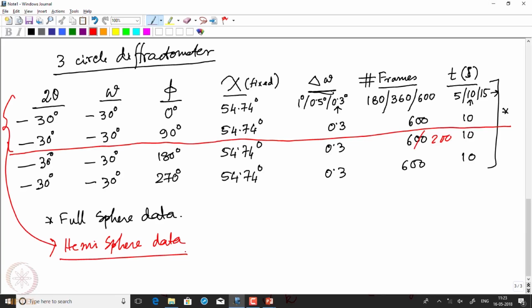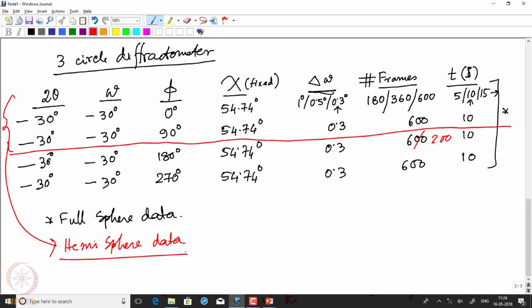What applies when you try to choose delta omega? If you choose a large width, then you are moving the omega by a large angle, so you are slicing the reciprocal lattice in a much wider region and recording the data. So if you want to use a larger slice of 1 degree, it is preferred that you use a longer exposure time, so that the exposure time per degree in omega is fixed.